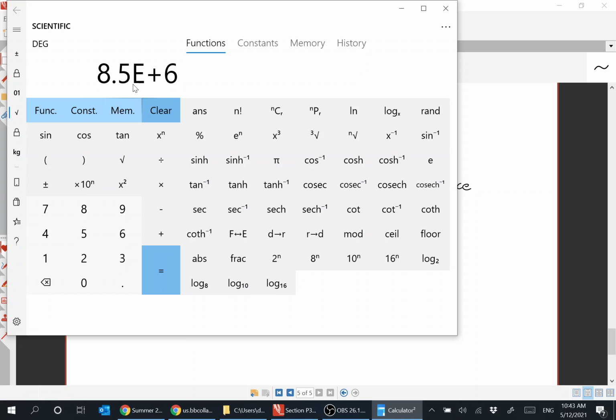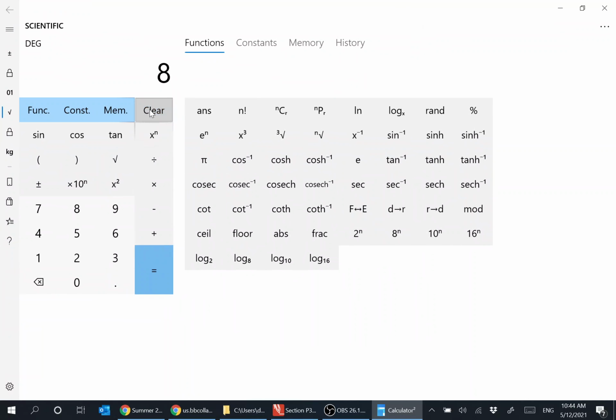That means 8.5 times 10 to the 6, right? And then if I hit equal, if it's not too big, it'll write it out for me with all the zeros that it needs. So that's 8,500,000. But it won't go too far, right?